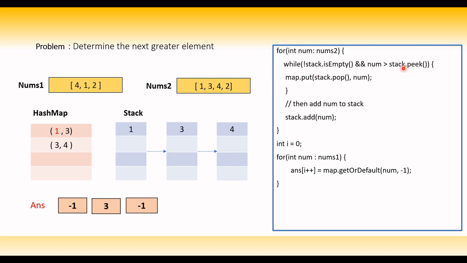If the stack is empty or the number which we are checking in nums2 is greater than stack.peek, we'll be using the peek function to read the topmost element in the given stack, and if this condition is satisfied, the topmost element will be popped and the number will be inserted in its place. So this is for the stack logic and the map logic, and then finally once our map is ready, we'll just read individual numbers, add them to the answer array and return the result.